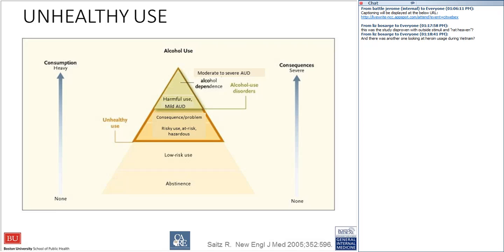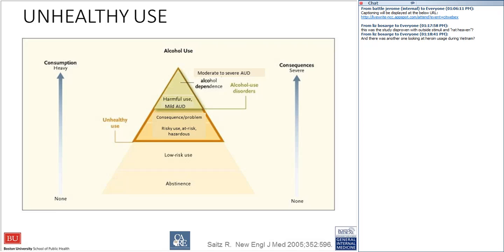For example, to put it at one end of the spectrum, we know that for women, 1 to 6 standard drinks of alcohol per week increases the risk of breast cancer. So that's risky use of alcohol. That's not an alcohol use disorder. But use, along with meeting the criteria that I showed on the previous slide, would be the disorder. So those are different things.